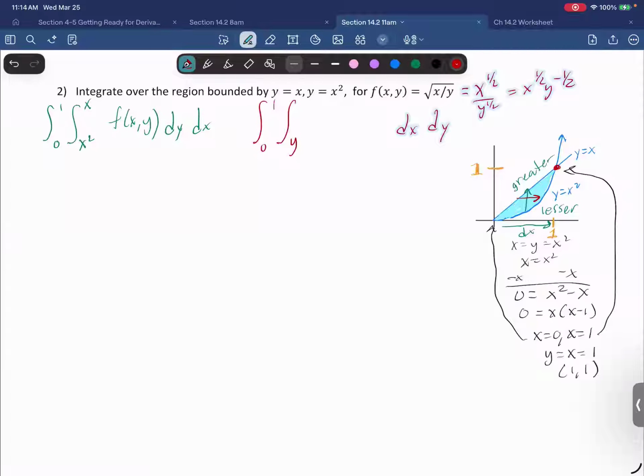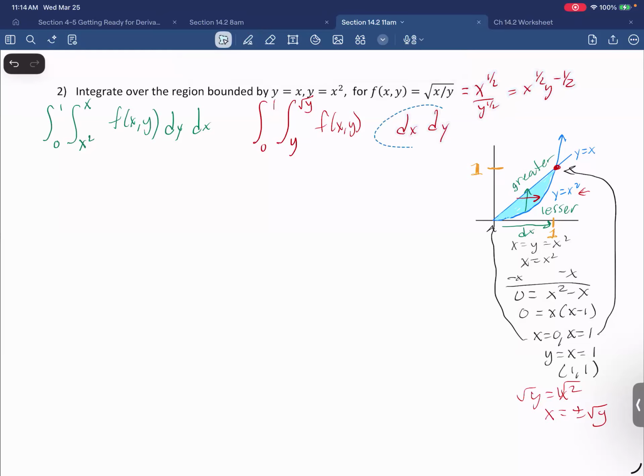But the greater line is y equals x squared. And if I want it in terms of x, I take the square root. Technically, I have plus or minus the square root of y, but we're definitely on the side where it's positive. So that would be the square root of y there. And we could do that. And I don't know about you guys, but if I can avoid having square roots in my limits of integration, that sounds joyous.